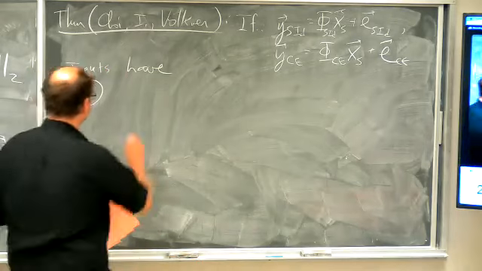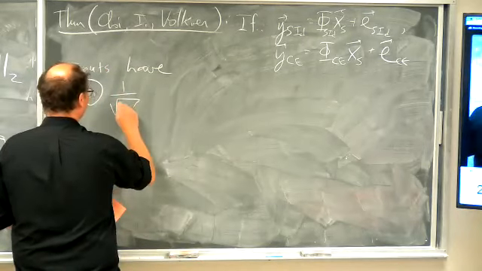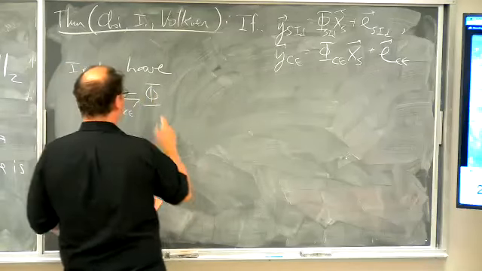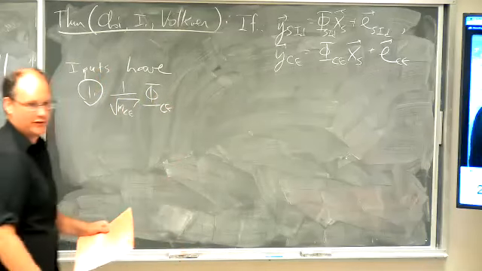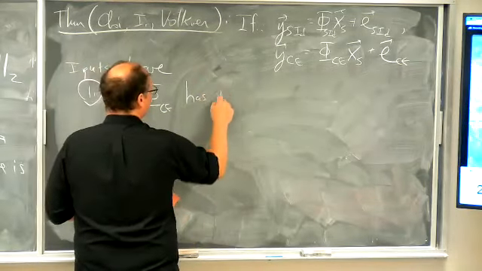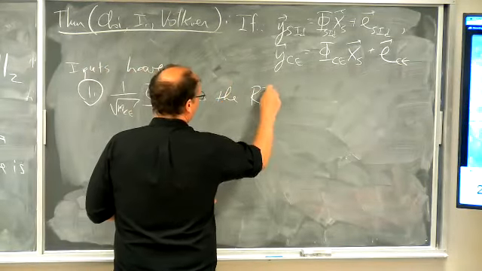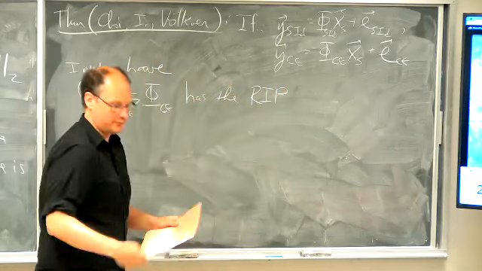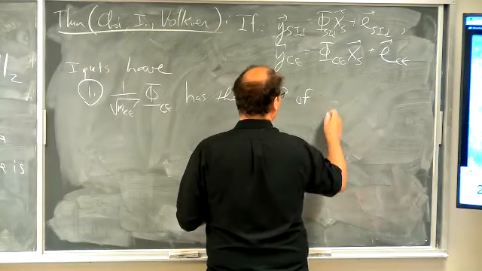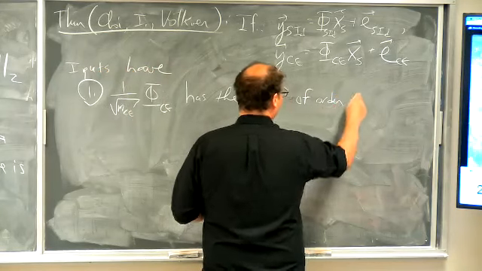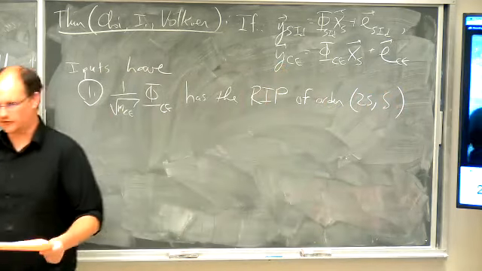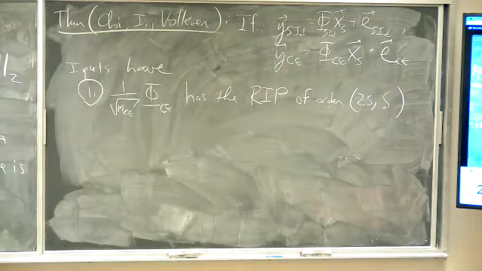So this coefficient estimation matrix, after we renormalize it properly, has the restricted isometry property, so it preserves the norms approximately of all 2S sparse vectors, just like before, up to delta, which is going to be our error, could be 0.1, for example.